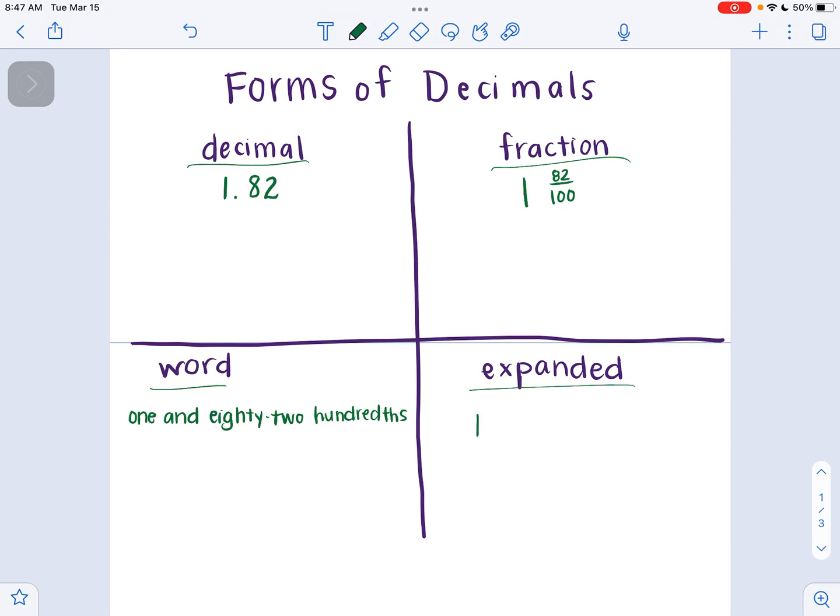I would go 1, because I've got one whole, plus 8/10, because I'm pushing that out, plus, and then I've got 2 hundredths, so I've got to put 0 and 2 hundredths. So the expanded form is going to be our challenge for today. So I've pulled out each one of those sections and expanded it out.